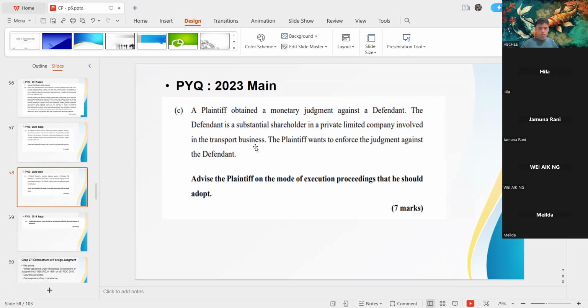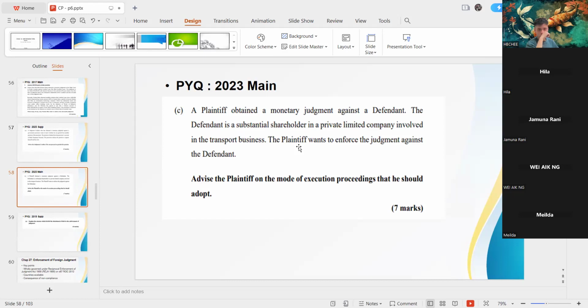Okay, now you see, it's a substantial shareholder. So that means you may use the charging order.